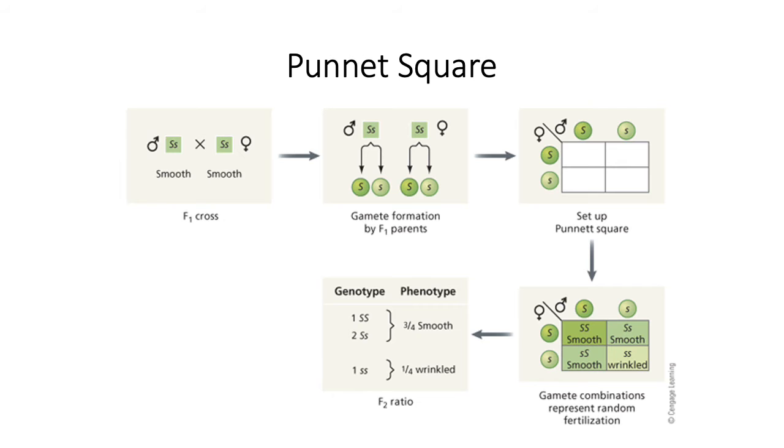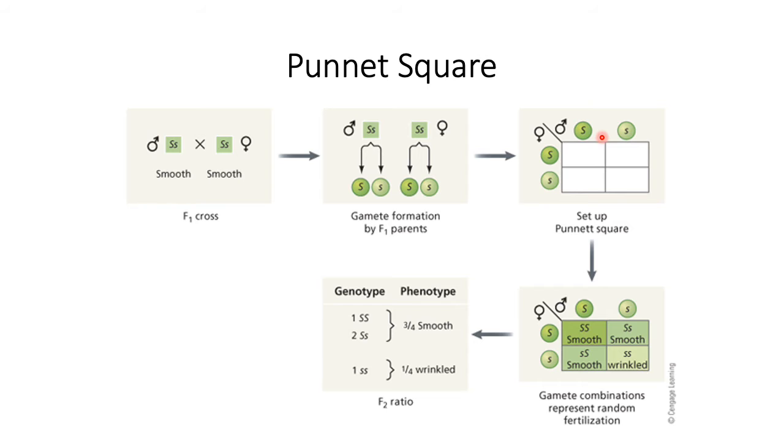And so a Punnett square is a neat way to determine what the phenotypes and genotypes of the offspring may be. And this is based on probabilities. So these are the odds of the offspring coming out this way, meaning that this doesn't always happen, but the odds are very high.